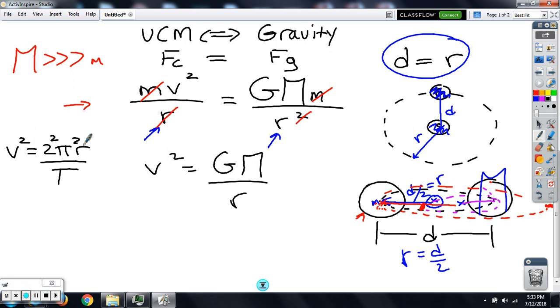I'm just anticipating that I'm going to have to square everything anyway. So I get 4 pi squared r squared over T squared. And so now I can substitute in here.